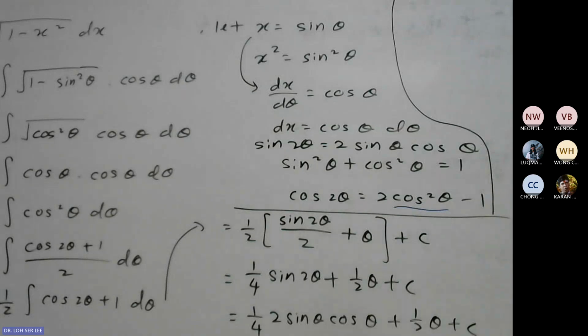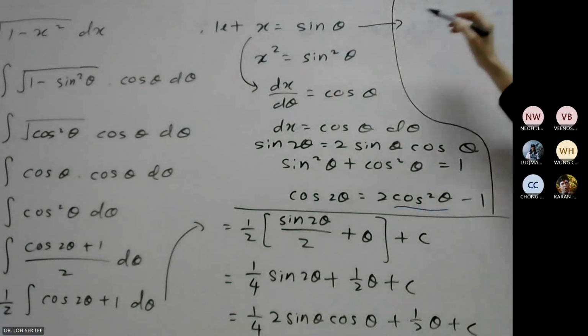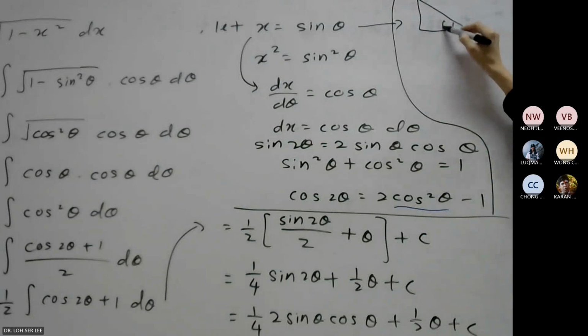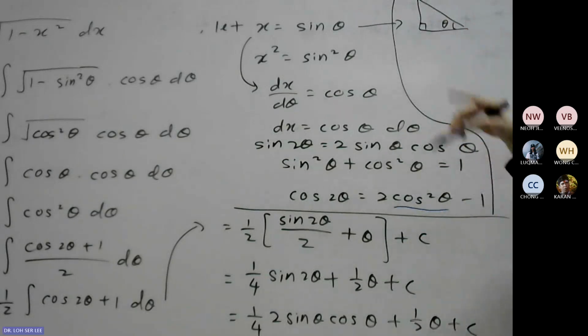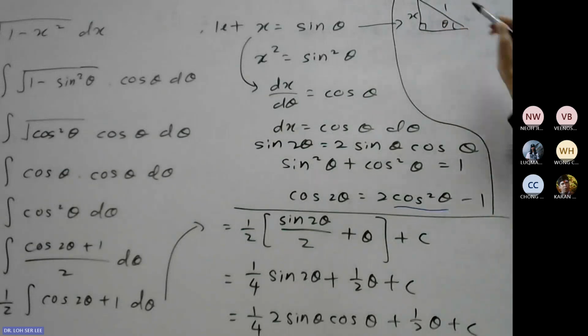Okay, I want to change all this theta back into x. Okay, back into x. So from here, sine theta is x. Okay, sine theta. That means x over 1.